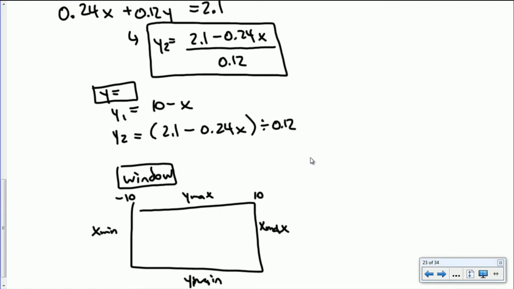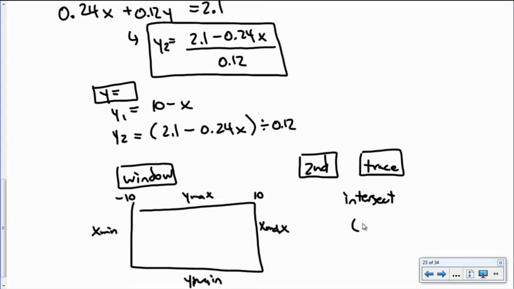To find the intersect, you're going to go second and then calc function, so second trace. So scroll down to intersect, and it tells you to select graph 1, graph 2, so you just keep hitting enter, and then it prompts you to guess, and you'll find it's at 7.5 and 2.5.